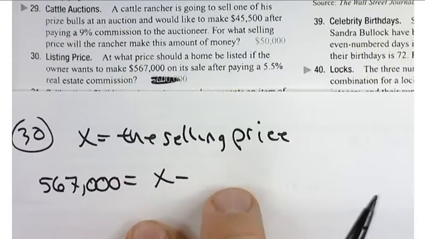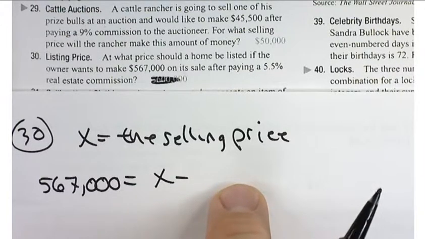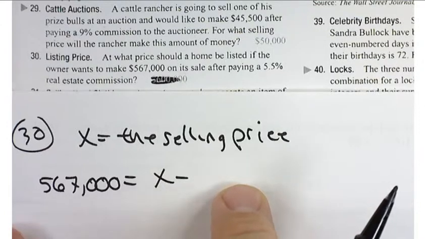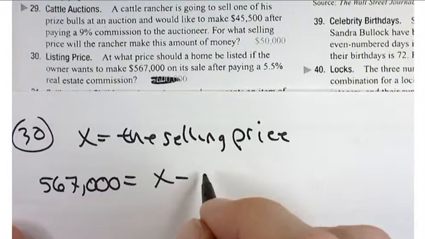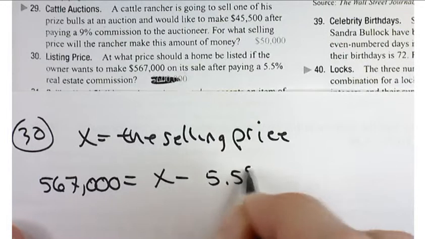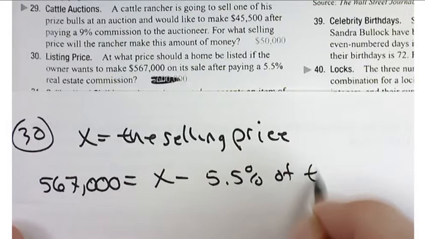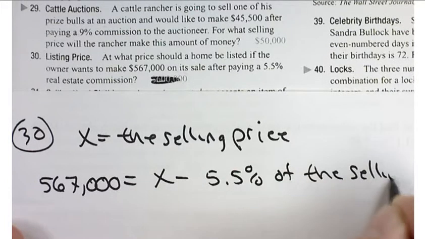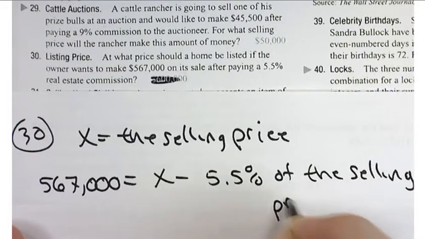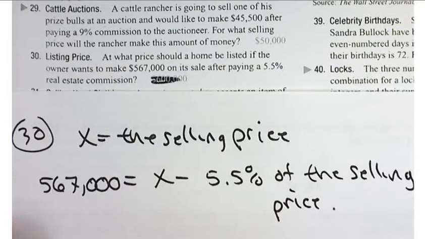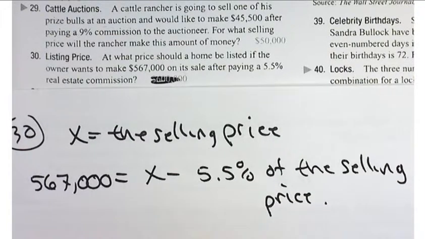What expression can I write for that commission? Tell you what, why don't you think about it for a second? Try and come up with an expression for the commission, and let me help you out. It's going to be 5.5% of the selling price. That's how much your commission is. So this is how much you get. It's just sale price minus the commission.